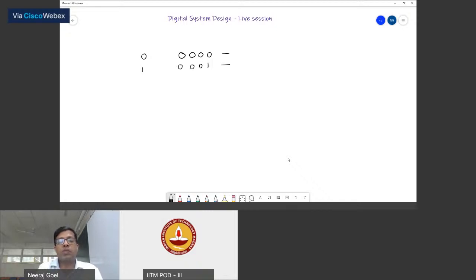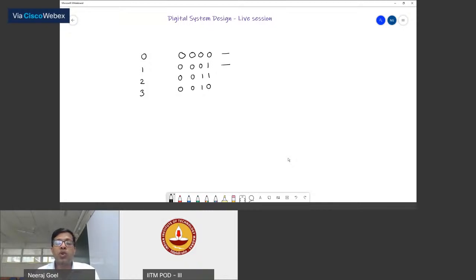For decimal number 2, the gray code looks like this: 0, 0, 1, 1, and for decimal number 3, the gray code is 0, 0, 1, 0. You remember when we do K-maps, we essentially follow this gray code, because adjacent rows or adjacent columns differ by only a single bit.